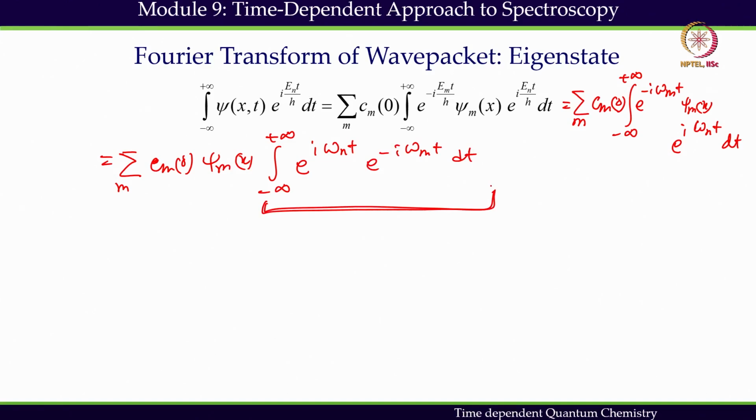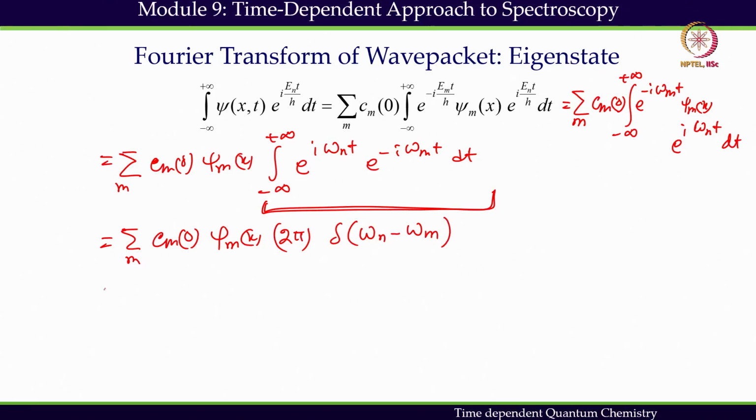the delta function. So this entire integration can be written as Cm0 psi m x then delta mn, but this is not just delta mn, we have a 2 pi factor, then delta mn. This is the form of the delta function we have used. So we have to write not delta mn, it is actually delta of omega n minus omega m.